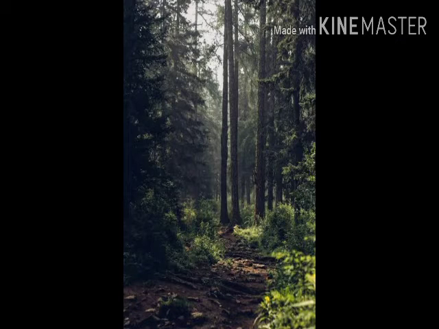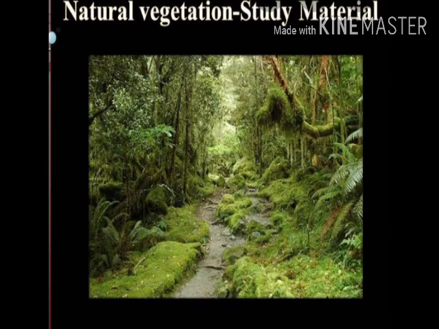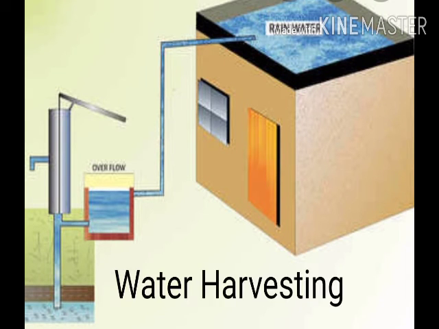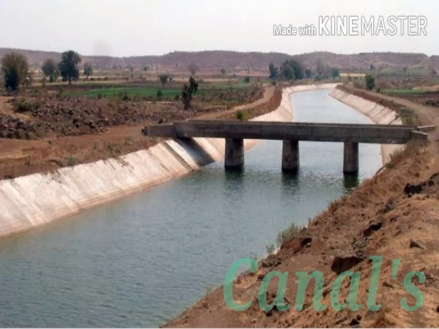Forest and other vegetation cover slow the surface runoff and replenish underground water. Water harvesting methods can also be used to save surface runoff. Canals used for irrigation should be properly checked for water losses through seepage and evaporation.